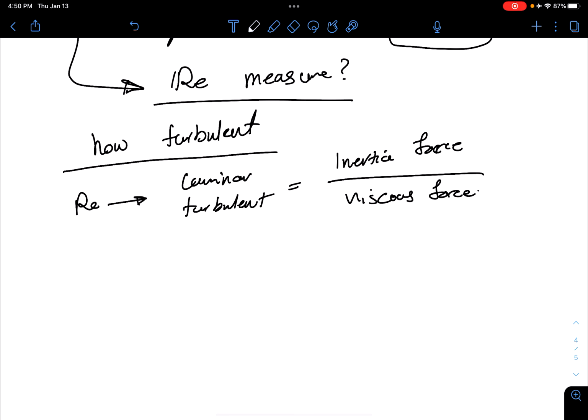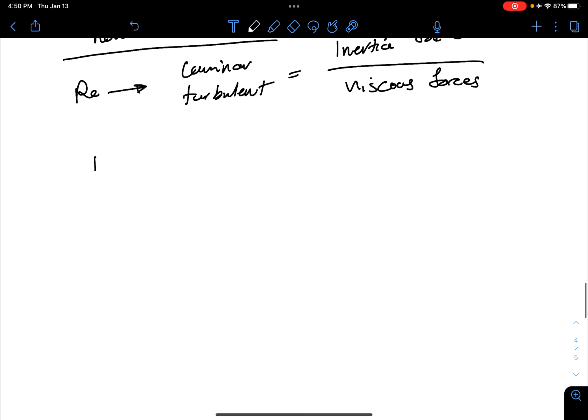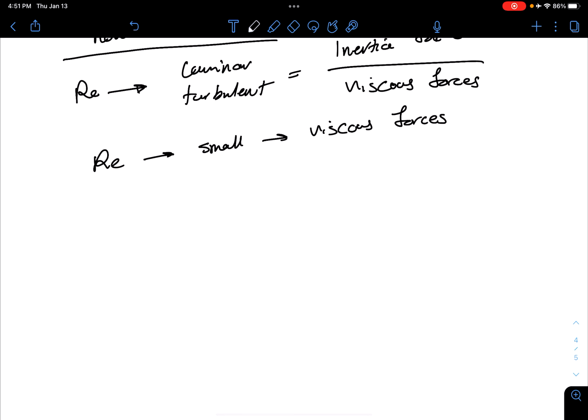If your viscous forces are dominant, meaning small Reynolds numbers, then you have laminar flow, which I always call an ordered flow.